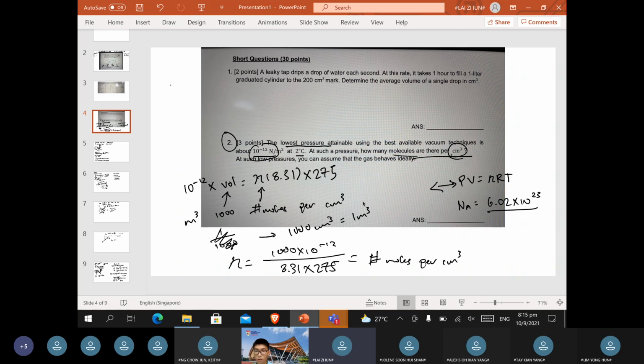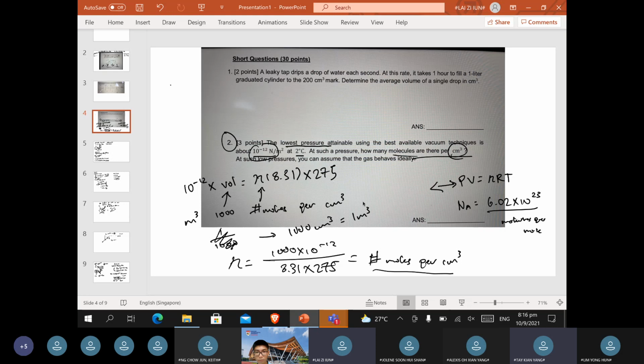This is constant no matter what gas it is. So we just take this number of moles per cm cube multiplied by the number of molecules per mole, and we will get the number of molecules in the cm cube. Okay, are we good?